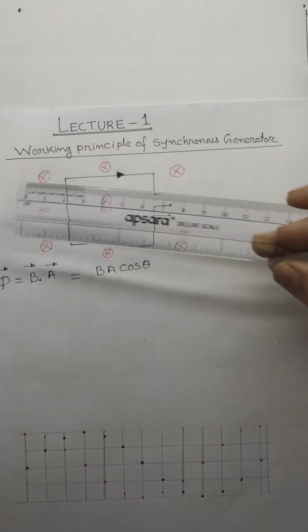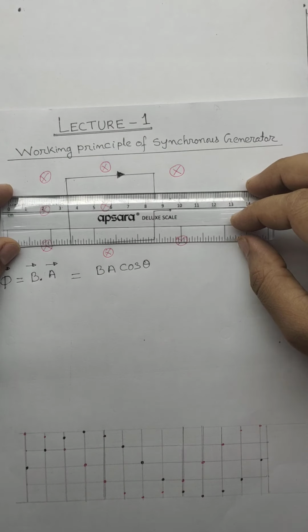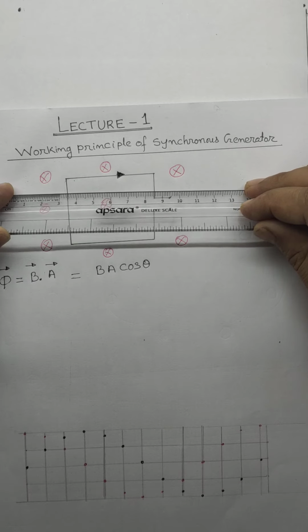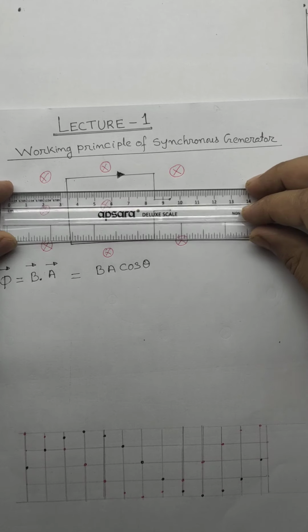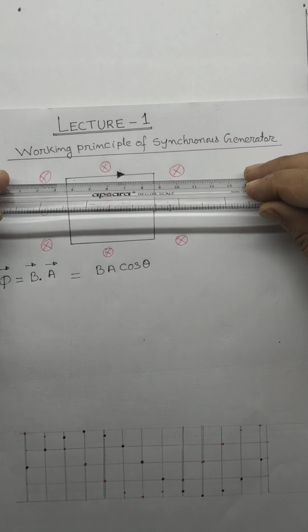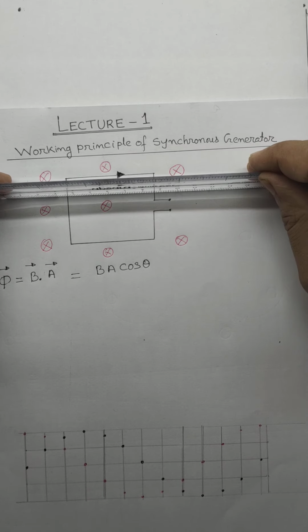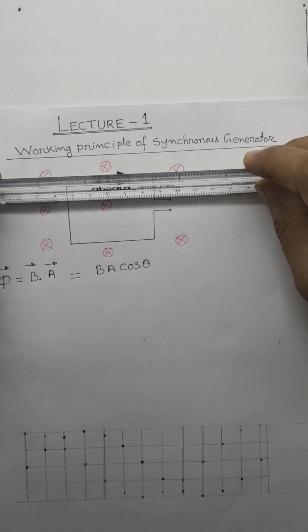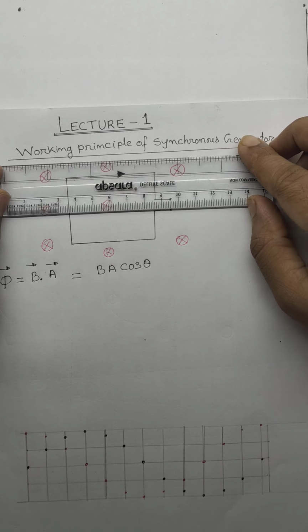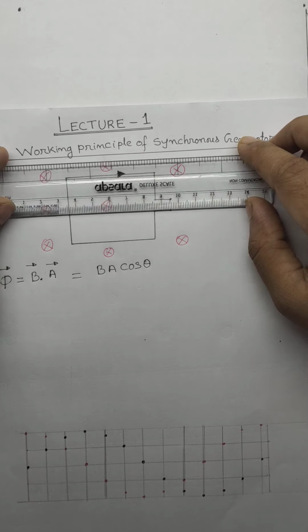Now if we consider this scale to be the coil, then the coil is rotating like this in this direction. Here the angle is 0, it rotates like this, and now the angle is 90 degrees. Now it is more than 90 degrees, it is rotating, and now it is 180 degrees.